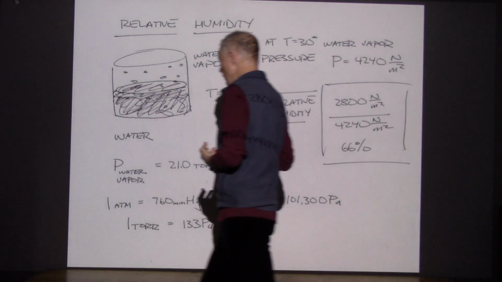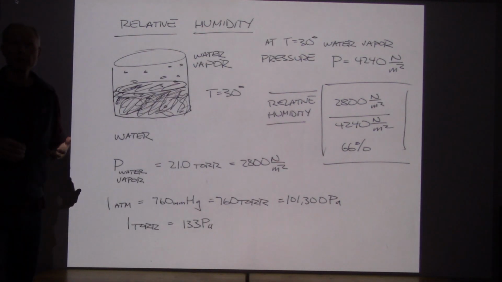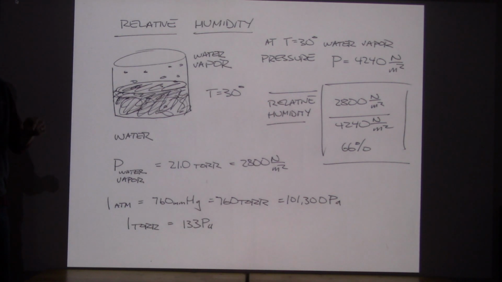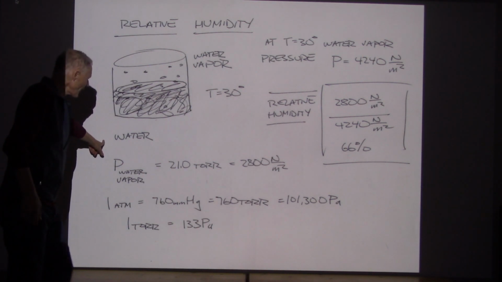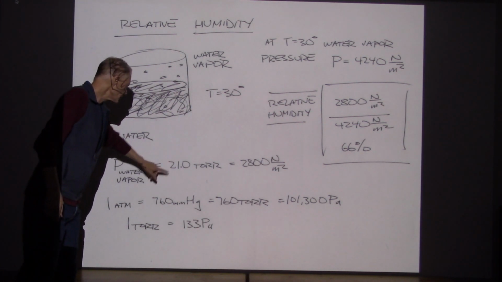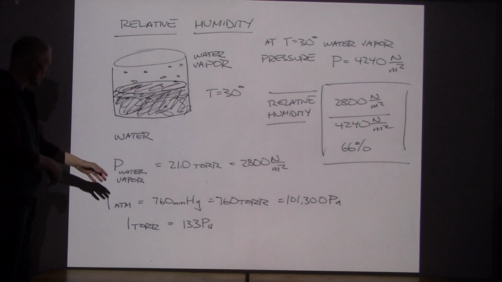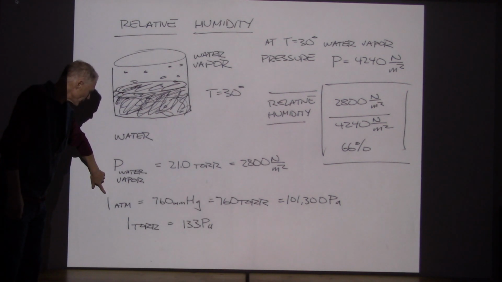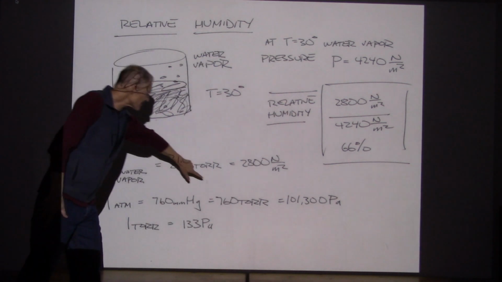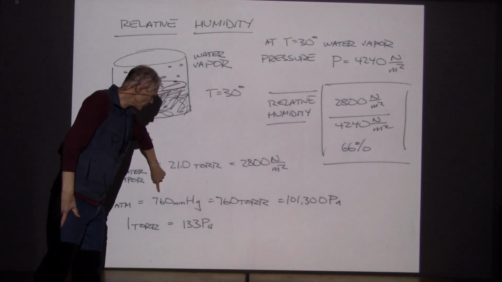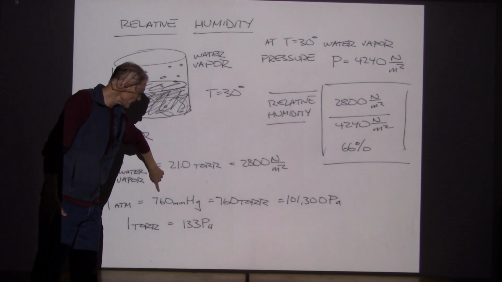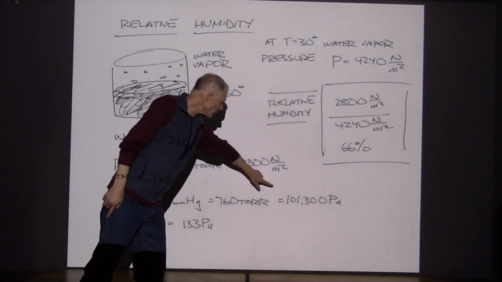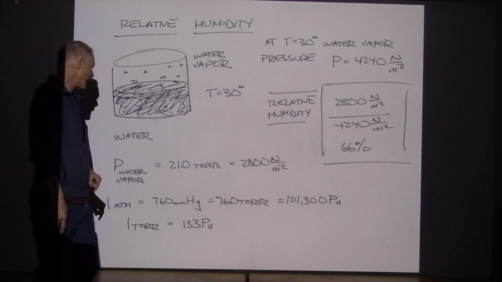Now what we find though is that when we actually look to see what the water vapor amount is in the air that day, we find that it's at 21 torr. Now again, I don't care for torr. Let's see how we can get rid of those units. 1 atmosphere is 760 torr, 760 millimeters of mercury, and that's the same thing as 101,300 pascals.